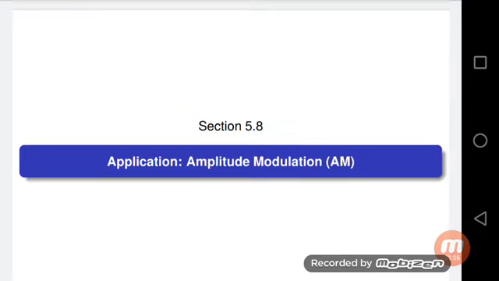Next one is amplitude modulation, one of the most important topics. Capacitor, resistor, inductor, ideal high pass filter, ideal low pass filter, ideal band pass filter.